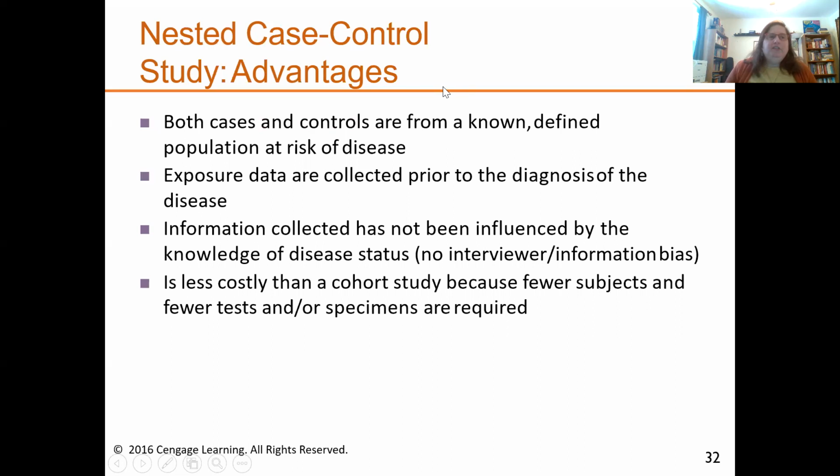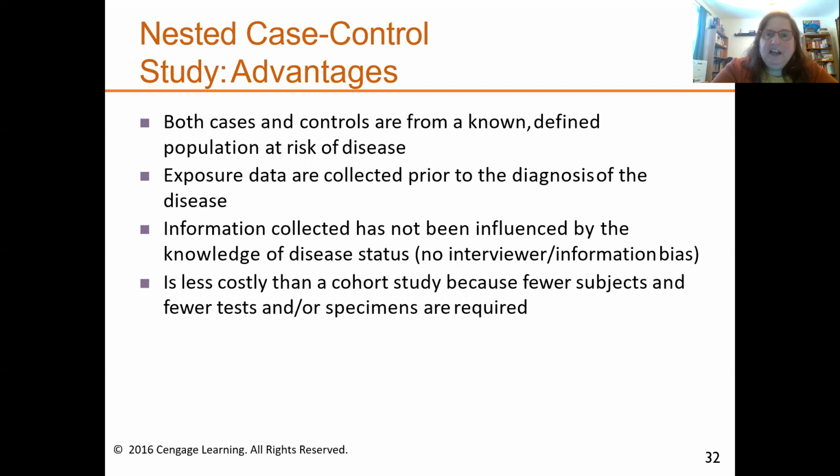Both cases and controls are from a known defined population at risk of disease. Exposure data are collected prior to the diagnosis of the disease. So the information collected has not been influenced by the knowledge of disease status. Good, there's no interview or information bias. And it's less costly than a cohort study because fewer subjects and fewer tests and or specimens are required.